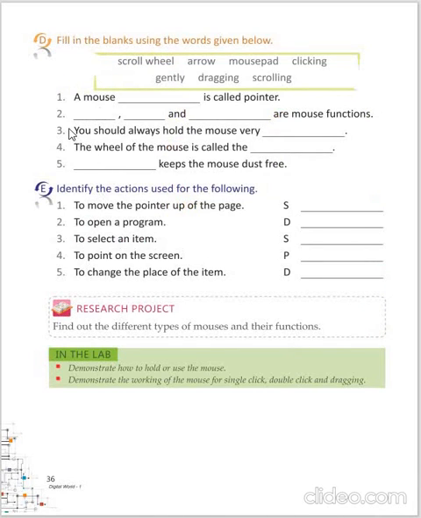Now come to D. In this you have to fill the blanks using the words given below. A mouse arrow is called pointer. Clicking, dragging and scrolling are mouse functions.